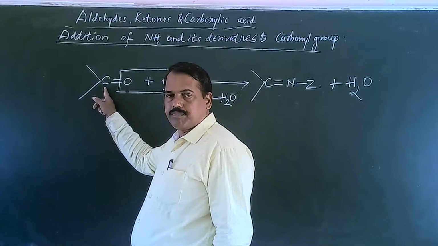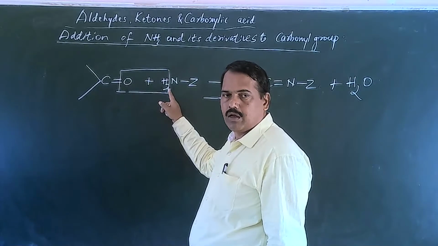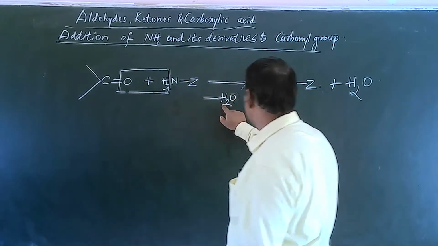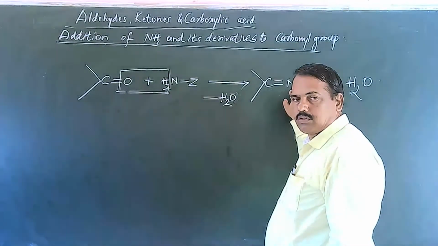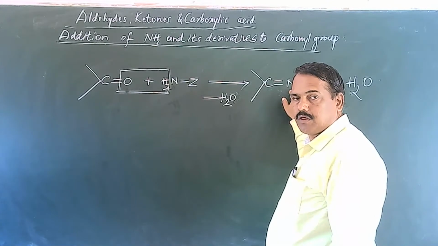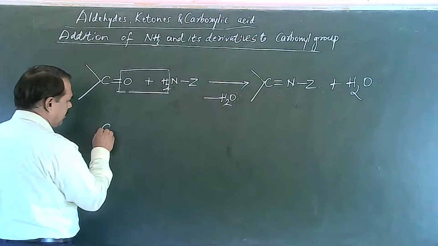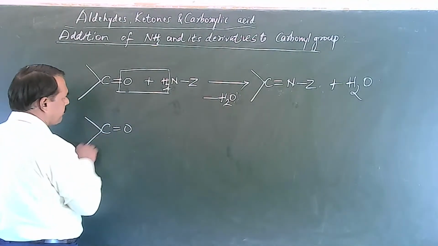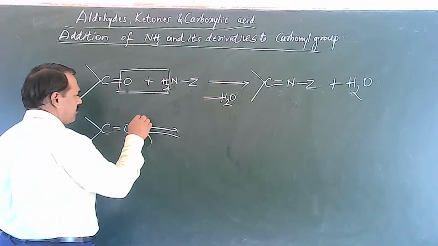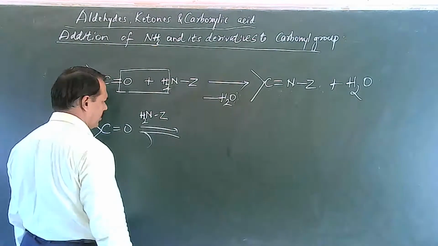It is a carbonyl group. When this carbonyl group reacts with ammonia or a derivative of ammonia, by the removal of a water molecule, a C to N bond is formed. That is important. Are you clear? An intermediate is also formed. What is that intermediate? The C double bond O reacts, in a reversible reaction, with NH2-Z, a derivative of ammonia.